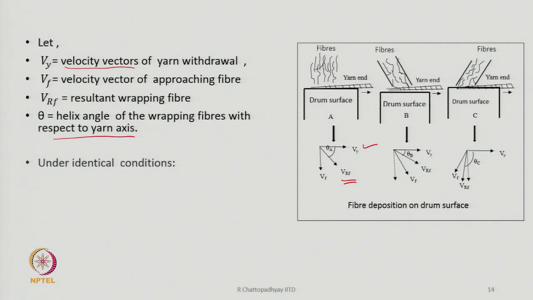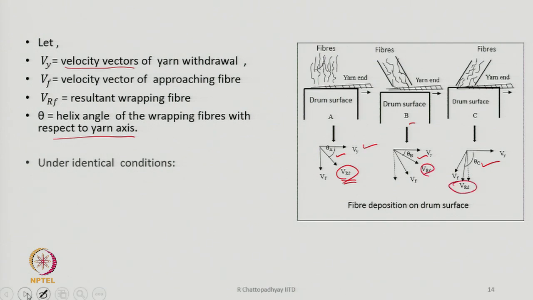So, this wrapping angle is theta a, in the case of B it is going to be theta b, in the case of C it is going to be theta c. So, the resultant velocity vector is shown V r f in this case, and in this case.